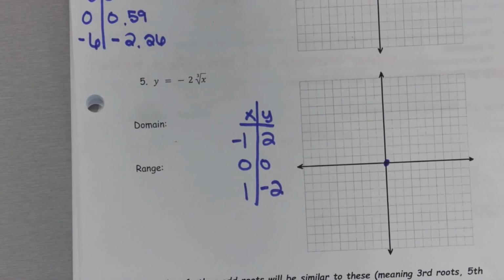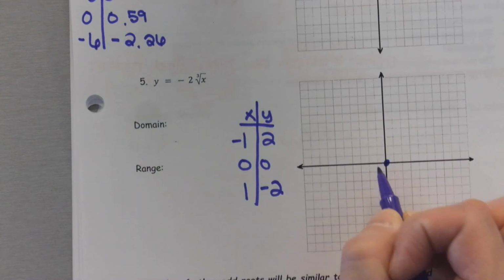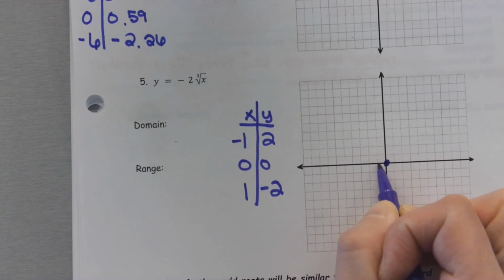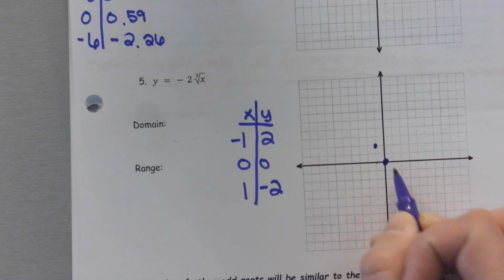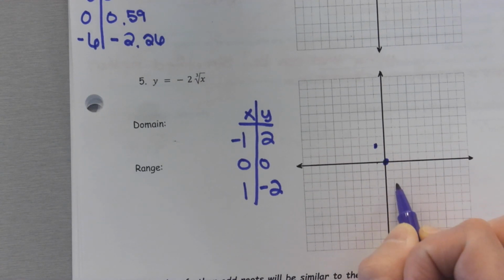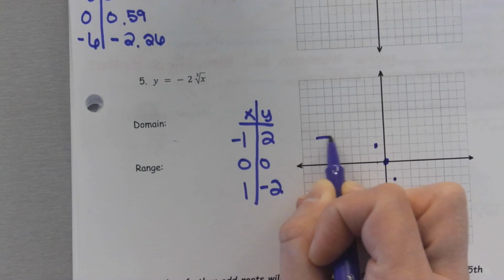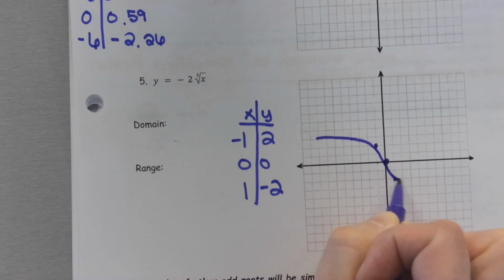Okay, love that. And again, if you can't find a nice point and you use one that's not so great, that's okay. Just be careful when you round. Make sure you round correctly. So I have a point at -1, +2, and +1, -2. And again, we know it kind of does one of these numbers.